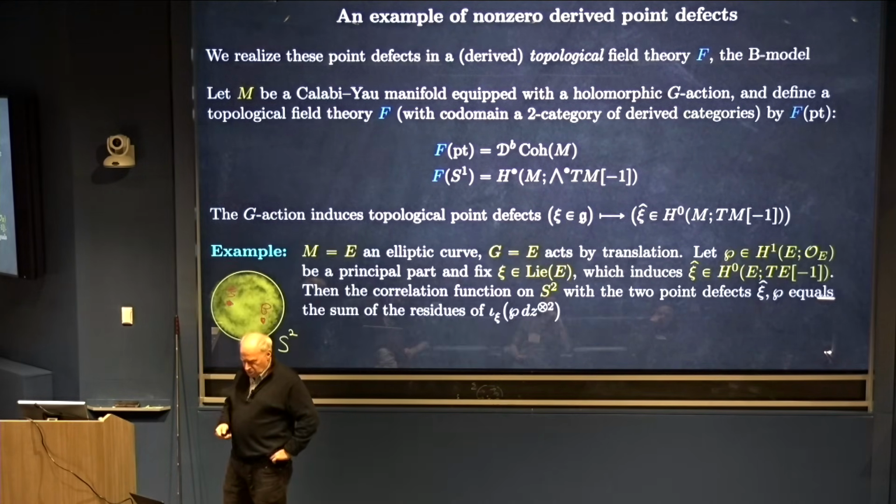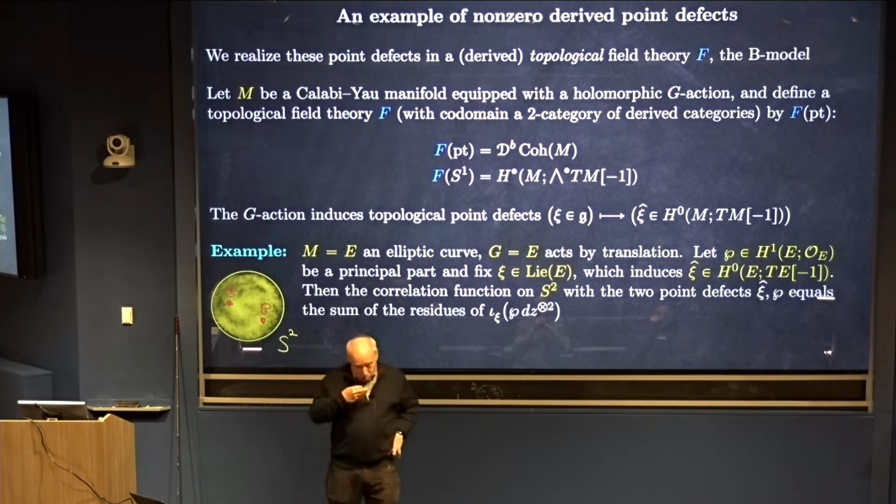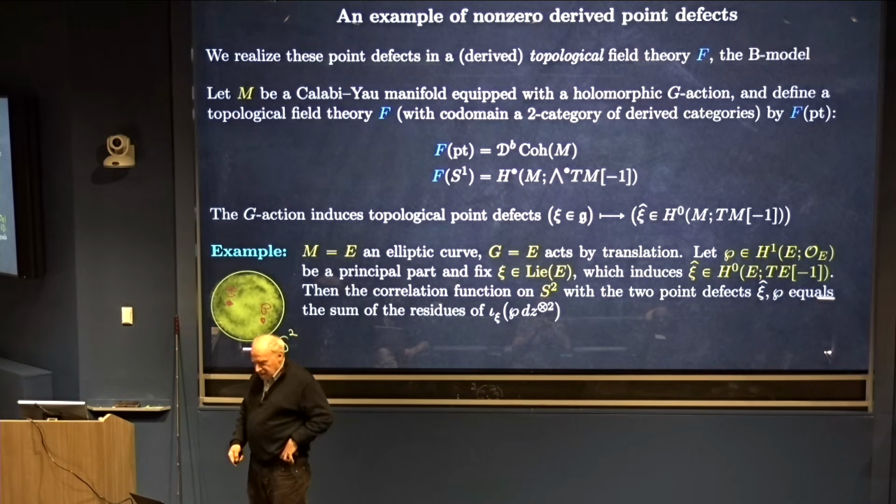And now if we want a correlation function which is non-zero, we can do the following. We can take M to be an elliptic curve, and the elliptic curve is a group. It acts on itself by translation, so that's going to be our Lie group. And now we'll evaluate a correlation function on the two-sphere, where we have this topological defect here.